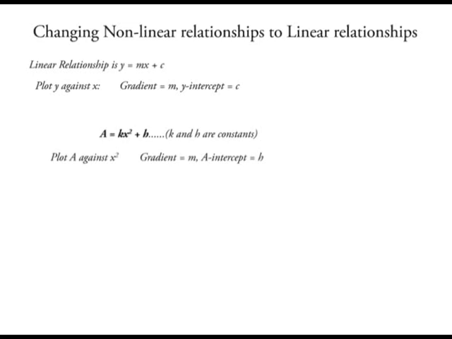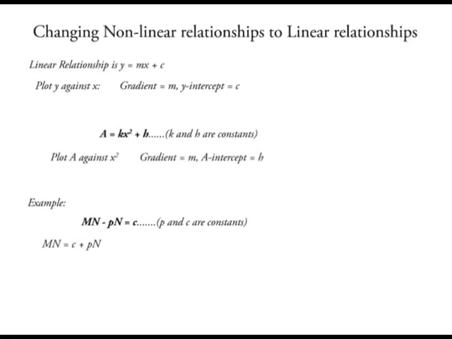Sometimes the equation may not be as direct. That is, it may not directly relate to y is equal to mx plus c. In such cases, we rearrange it to a linear one. For example, mn minus pn is equal to c, where p and c are constants. If we rearrange, mn is equal to c plus pn.